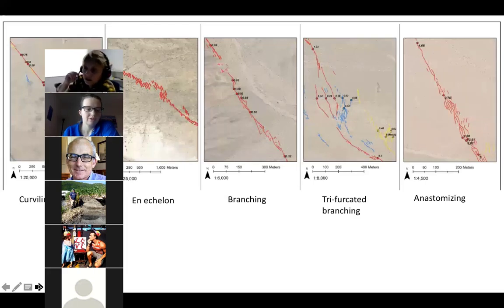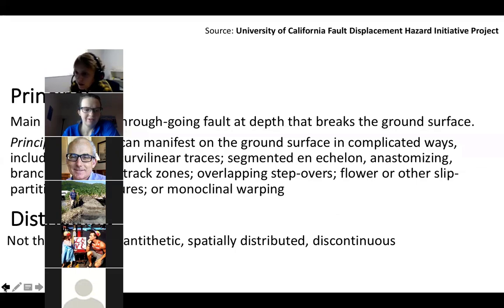Maybe I'll just jump in really quickly since you invited me to. On the previous slide, some folks might be looking at the fact that flower structures or other slip partitioning structures are put under principal, and that one's a little bit tricky. You could totally argue for it being under distributed just because it's connected in a branching way to the main fault.